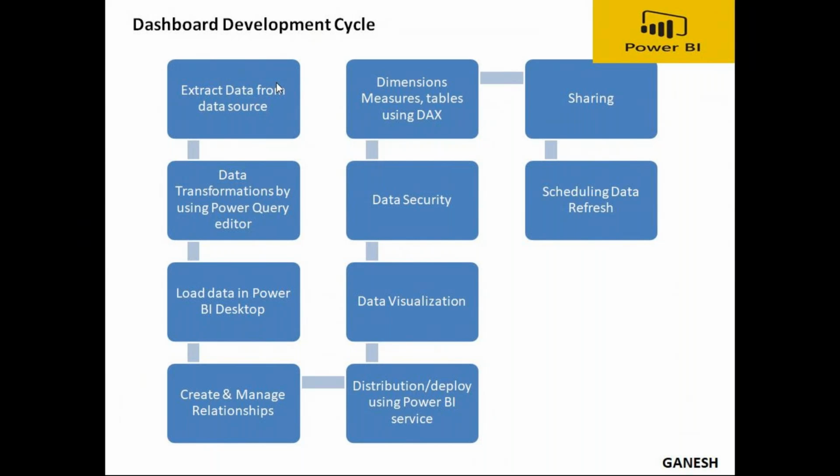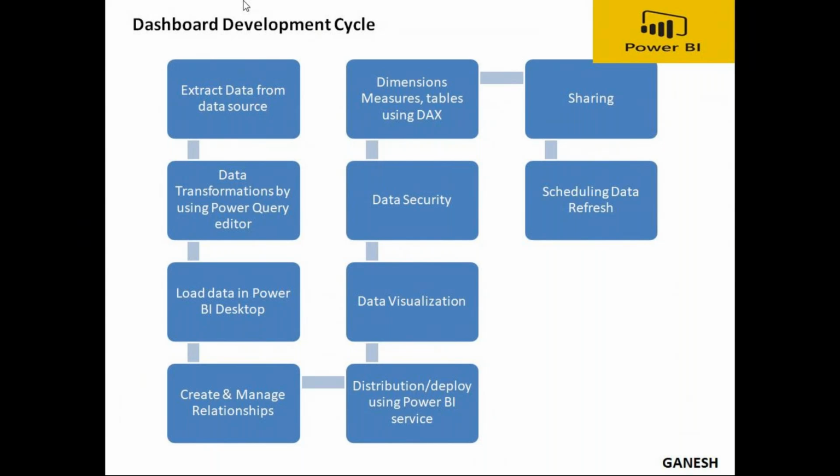Like you should know the server name, you should know the proper credentials, or you should have access. All those things you should be aware of. So in this phase, you will require information on how to extract the data from the data source. You need to reach out to the functional expert to get the required information. I will show you some functional design documents and how they appear.